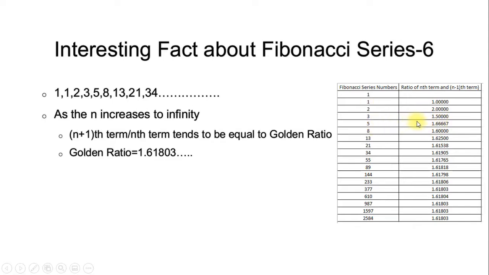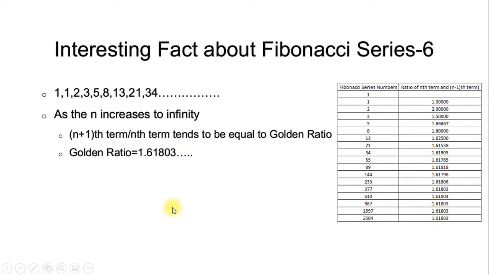Similarly, if we go to the fifth row, we get 5 divided by 3, that is 1.667. Like that, if we go on, in the end we see that the ratio tends to be equal to 1.61803.